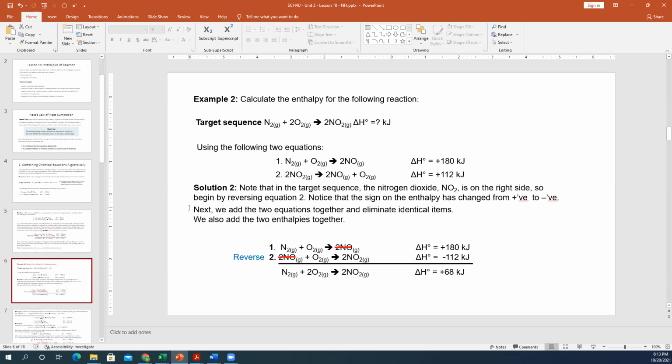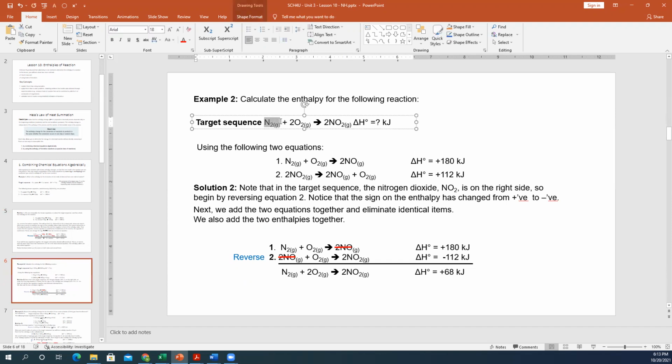Let's look at a second example. In this second example, we're asked to calculate the enthalpy for this reaction. So our target sequence is nitrogen gas plus 2 oxygen gases goes to 2 nitrogen dioxides.